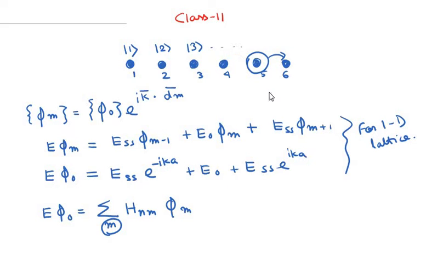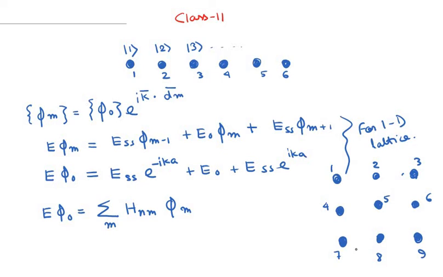Okay, so in this case of 3D, let us consider a 2D system, because 3D is difficult to show in the paper. So I have drawn a 2D crystal structure over here, and if I am considering the equation for the fifth point, then my nearest neighbor would be this sixth atom, this second atom, this fourth atom, and this eighth atom over here.